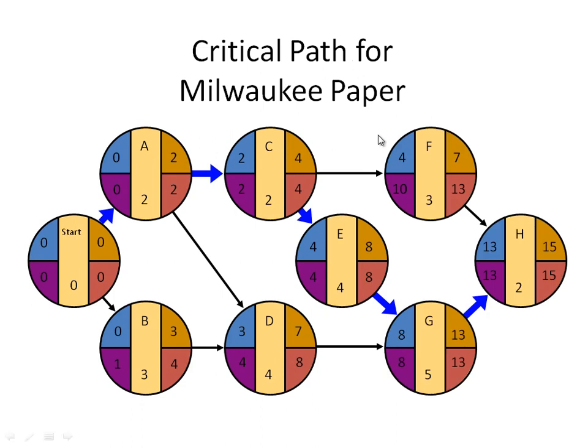Then the critical path for the Milwaukee Paper project is A, C, E, G, H, and that's the critical path. Those activities on this path are critical activities and don't have any slack, while the other 3 activities B, D, and F have slack time that will not affect the critical path or the project schedule.